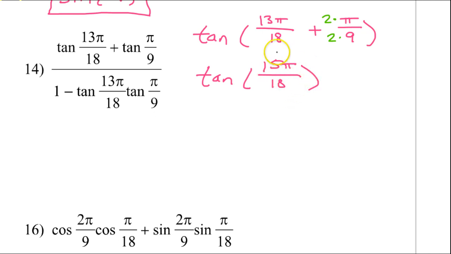Well, both of these are divisible by 3. So if I divide both of these by 3, that's going to give me tangent of 5 pi over 6.